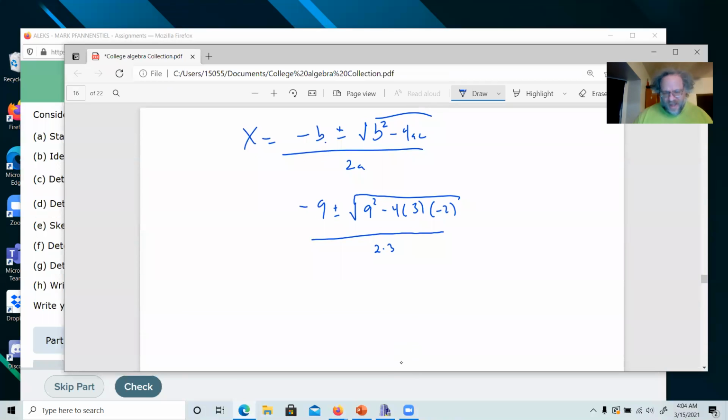All right, so we have negative 9 plus or minus, and then we have 81. Negative times negative is positive. And it looks like we've got 4 times 6, so plus 24, all over 6. What is this going to give us? This is going to give us 105.